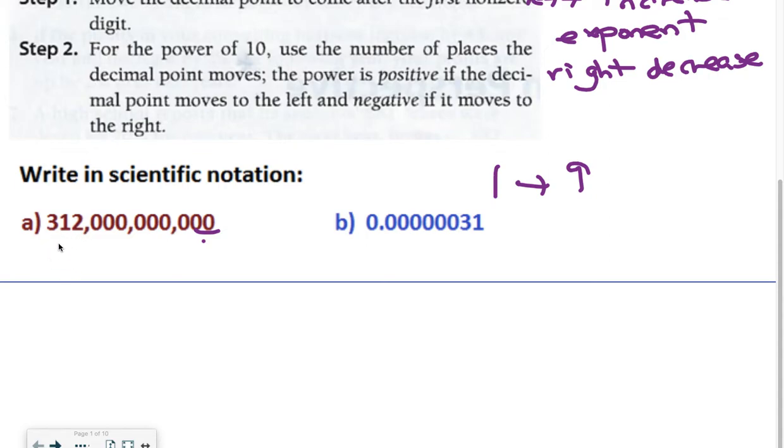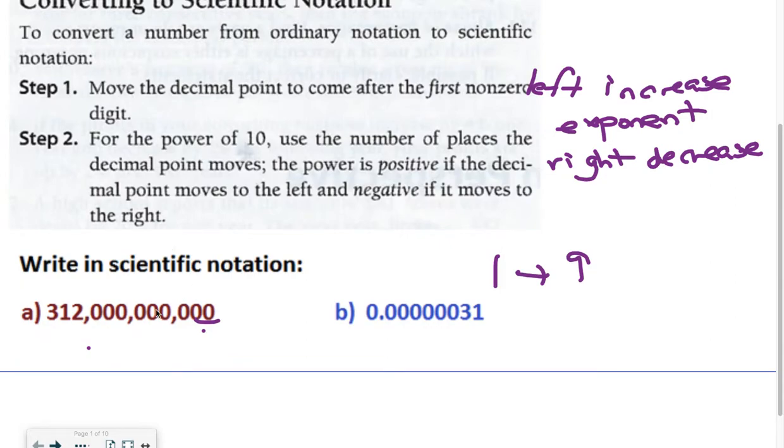So our number will become 3.12 times 10 to the 11th power. Again, notice because I moved to the left 11 places, the exponent increased from no exponent until I reached 11.